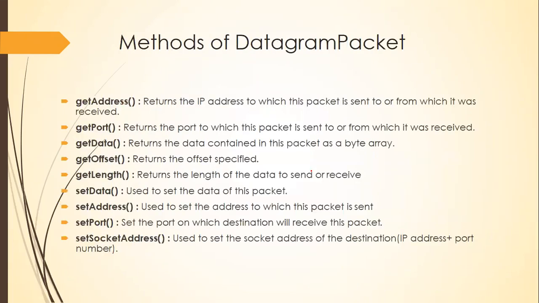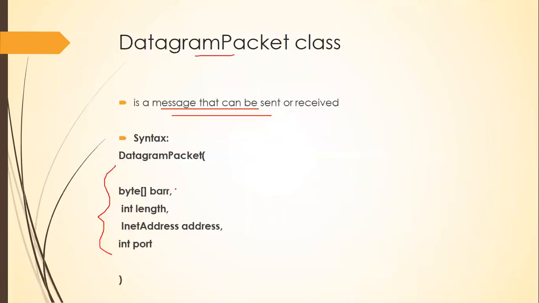Similarly, even in packets, we do have a few methods. Get address, to get the IP address; to get the port number, you have get port; to get data, we have get data. Then you remember we had lots of arguments over here: the length, the port, the address, the data. You even have an optional thing called offset. All these can be retrieved.